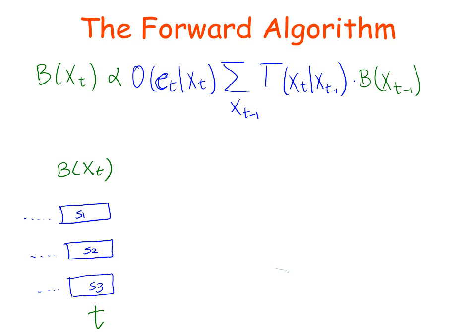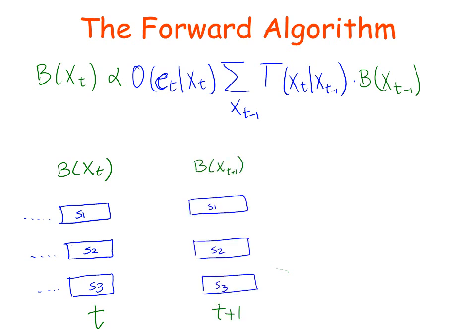Suppose we have the belief for possible states in time t. For example, suppose we have three states, s1, s2, s3, and we have our belief of these states, b of xt. Then to compute the beliefs for possible states in time t plus 1, we do the following.